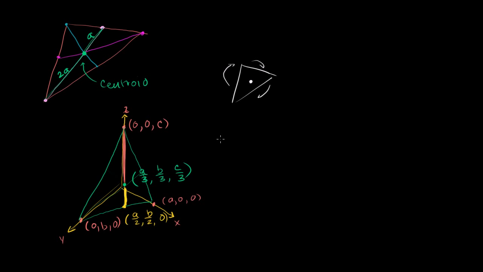The orange distance is going to be equal to the square root of, and we just take the difference of each of these points squared. So it's a over 3 minus 0 squared. So that's going to be a squared over 9 plus b over 3 minus 0 squared. So that's b squared over 9 plus c over 3 minus c, which is negative 2/3 c.